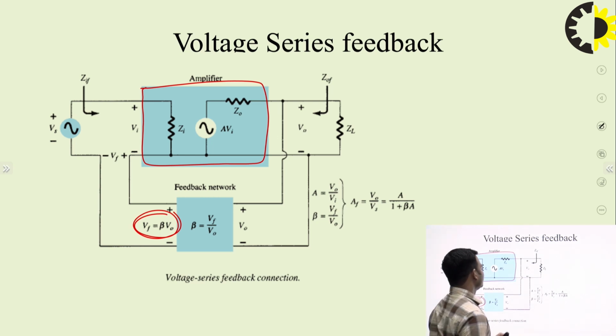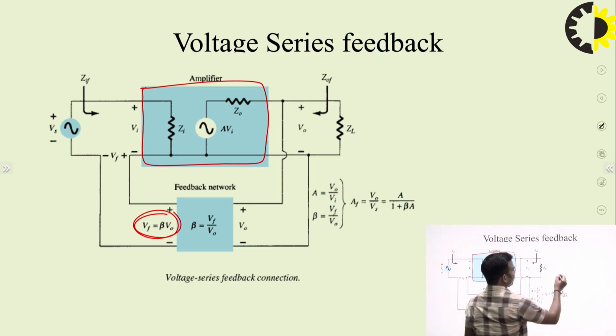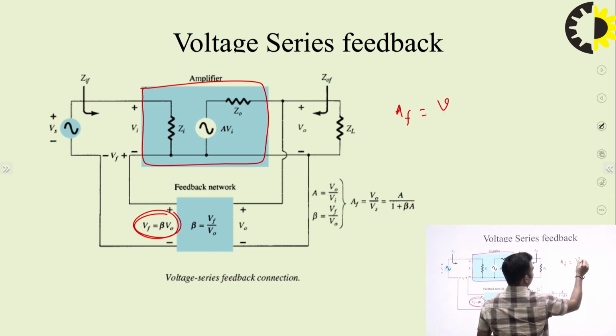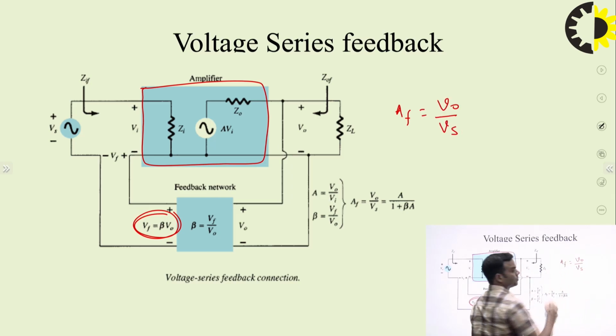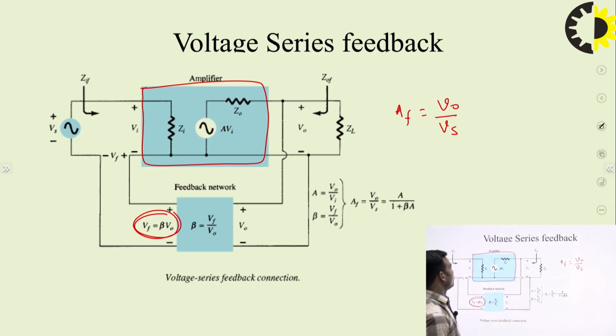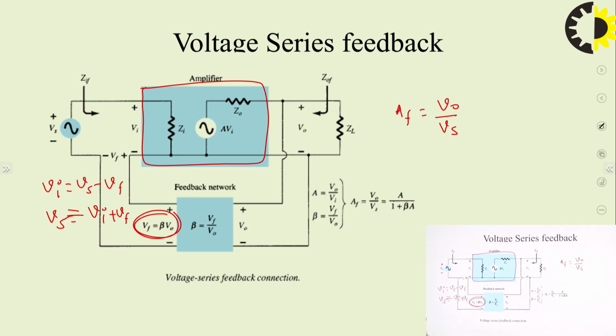Now let us analyze. AF, that means gain with feedback, is equal to V0 upon Vs. And what is Vs actually? Vi is equal to Vs minus Vf. So Vs will be equal to Vi plus Vf.